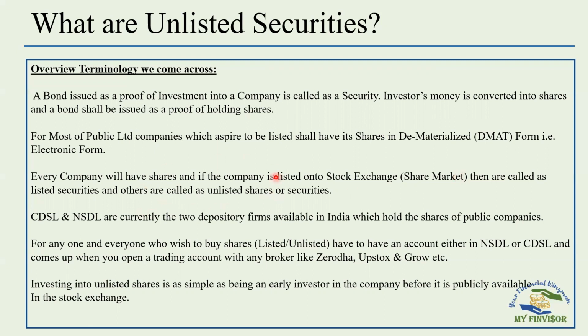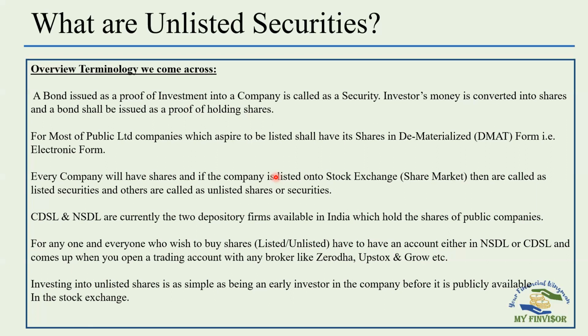And then every company will have shares. Okay. So once they are listed on the stock exchange, they are called listed shares. And the same public companies, before they are listed on stock exchanges, have unlisted shares. So basically, both listed as well as unlisted would be available in dematerialized format at NSDL or CDSL.